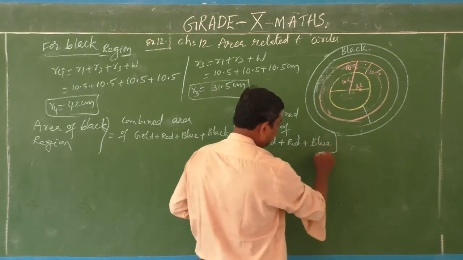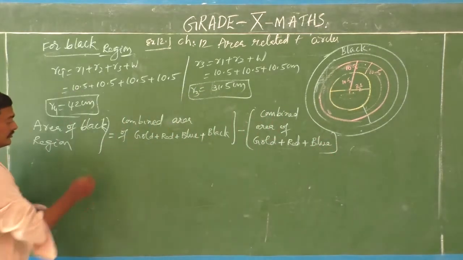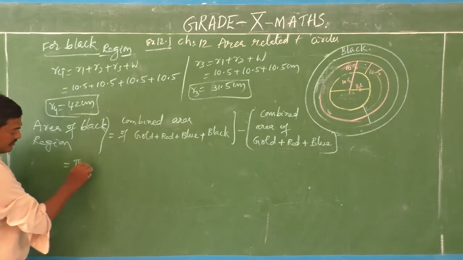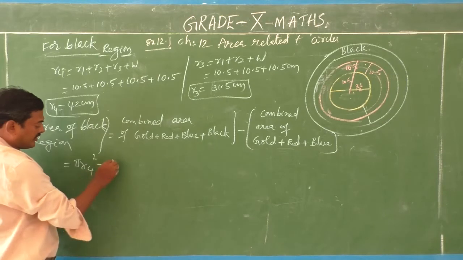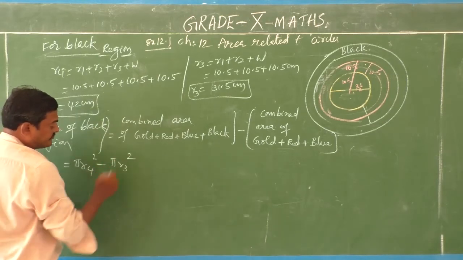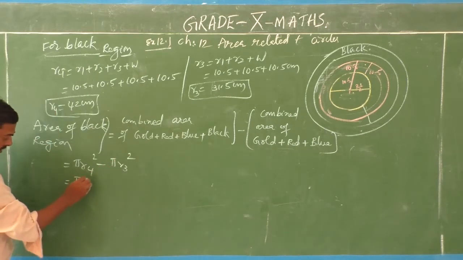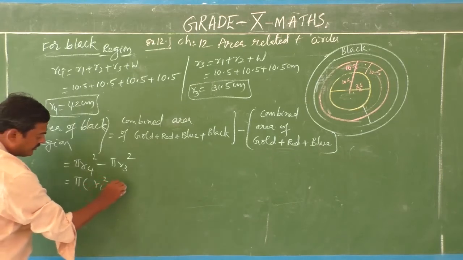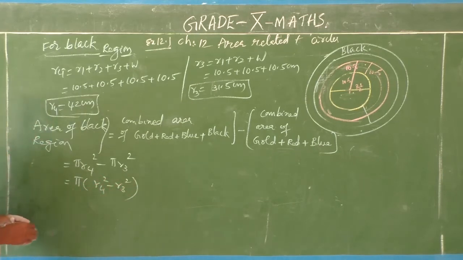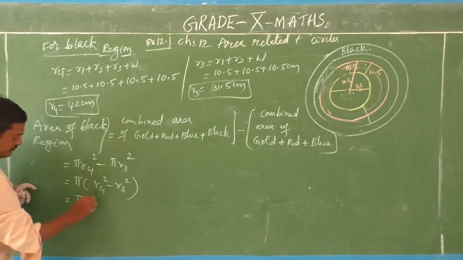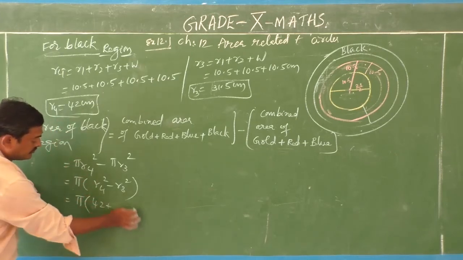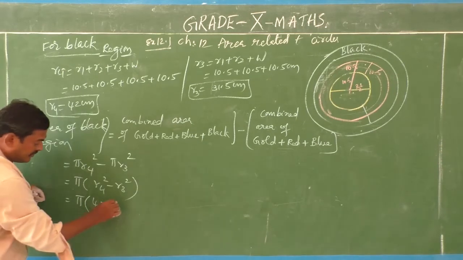Now here pi r4 square minus pi r3 square. Now pi take common means r4 square minus r3 square. Now pi into r4, what is r4? 42 plus 31.5.